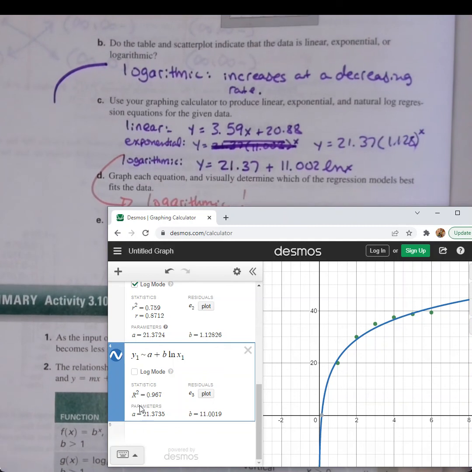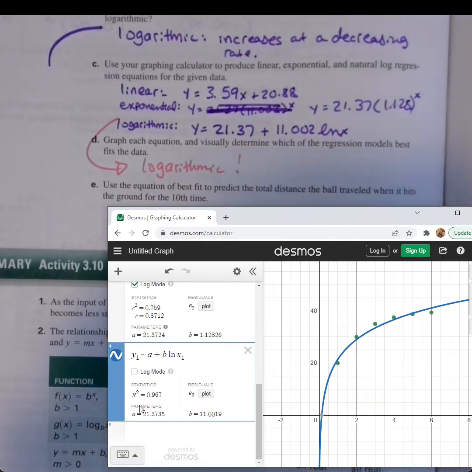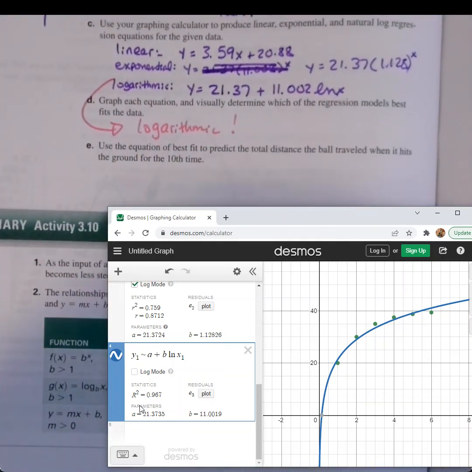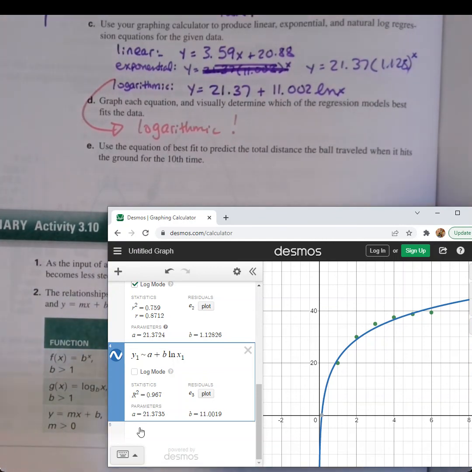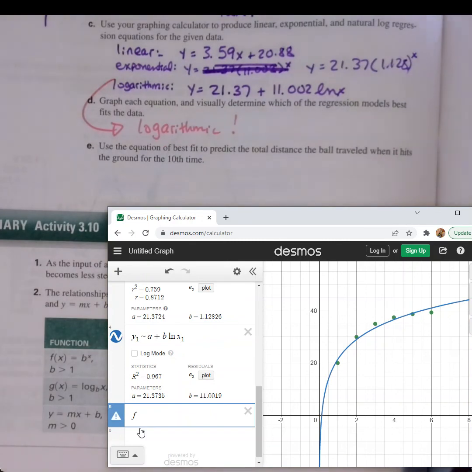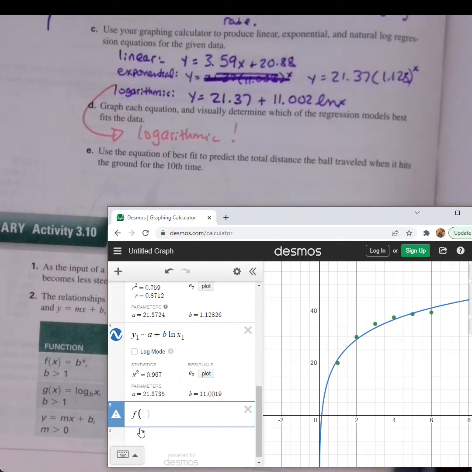Now use the equation of best fit to predict the total distance the ball travels when it hits the ground for the 10th time. So we'll rename this thing as f of x.